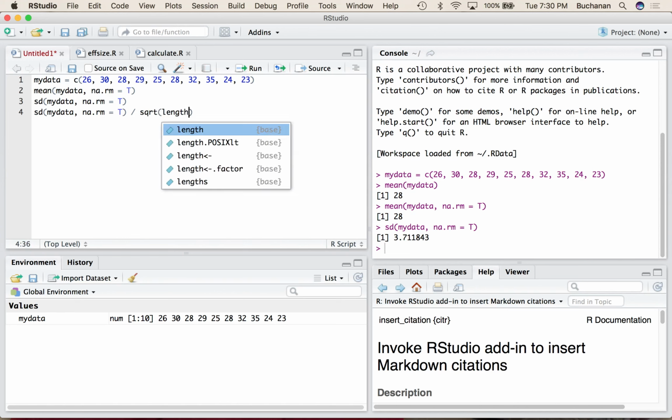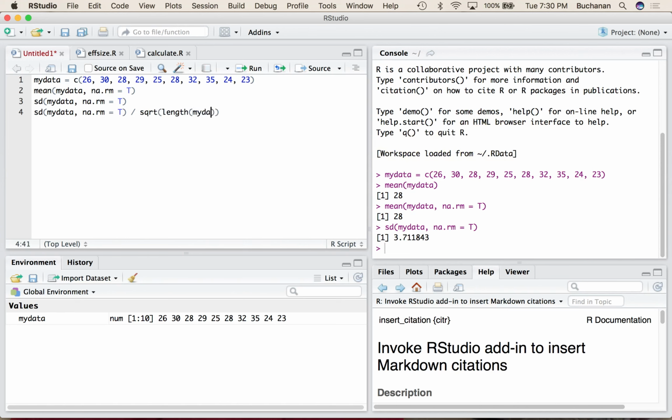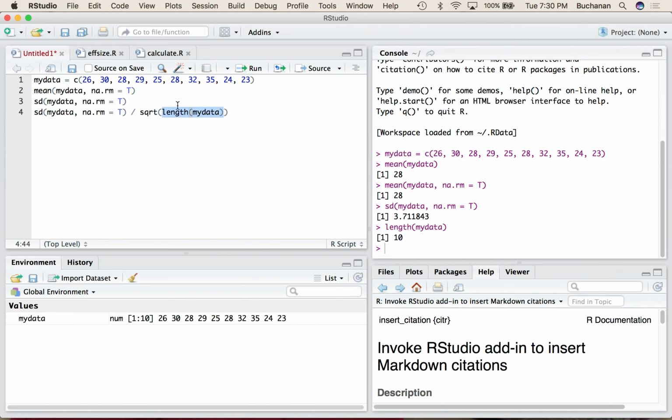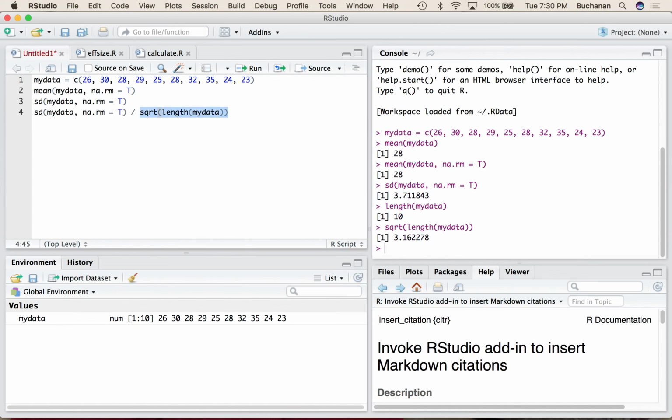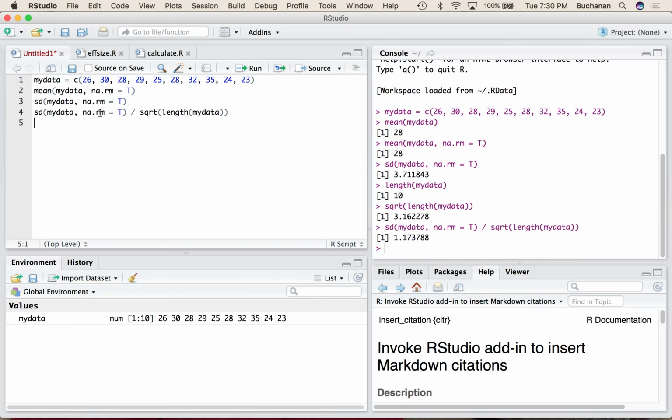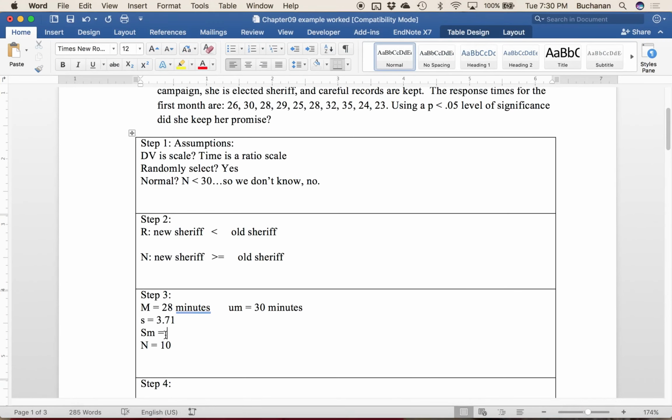But we can do the square root of the length of my data. Now, what does the length of my data do? When I run just that, it tells me that there's 10 people. Well, this gives me the square root of 10, which is around 3. And now I take my standard deviation divided by the square root of 10, which is 1.17. So that's my standard error.